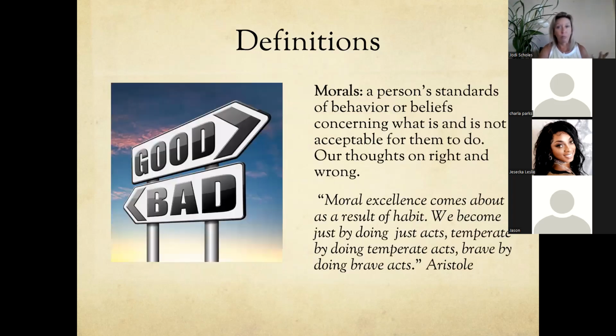So what are morals? Morals are a person's standards of behavior or beliefs. Now, is everybody's morals the same? No, right? So it's our standard of behavior, our standard of beliefs, what's acceptable and not acceptable.